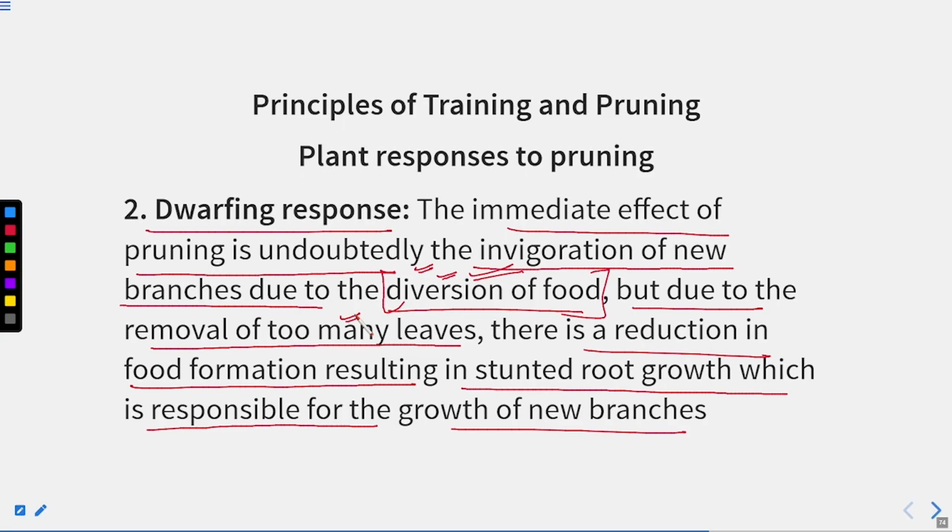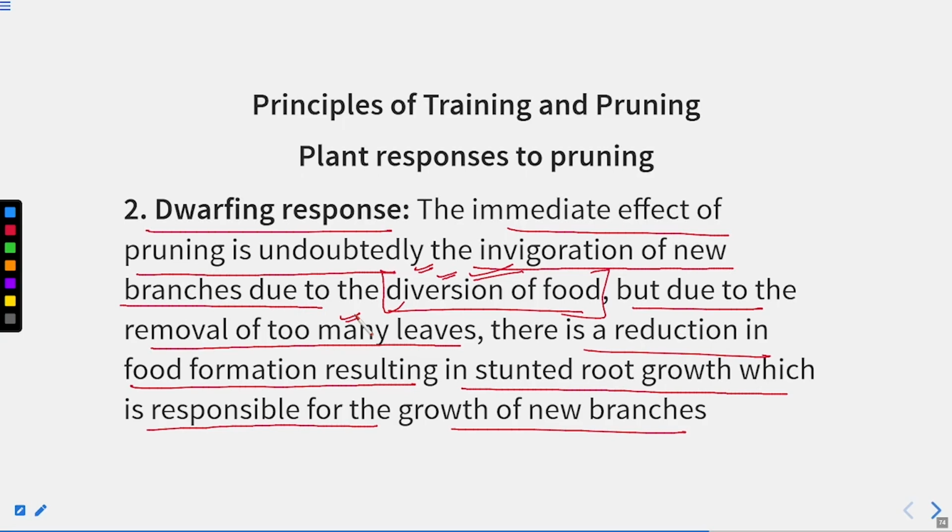But you do not have to remove too many leaves, because the leaves are the ultimate factory that makes food. And if you cut too many leaves, then there will be a reduction in the food formation, and again there will be stunted root growth, which is responsible for the slow growth of the new branches, right?